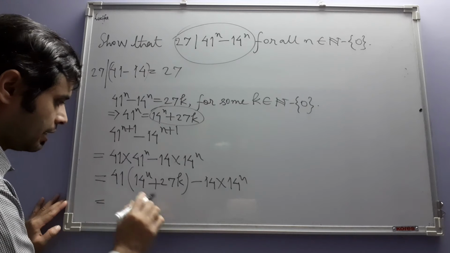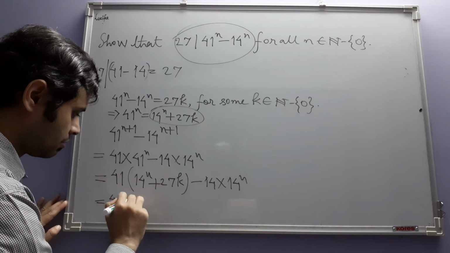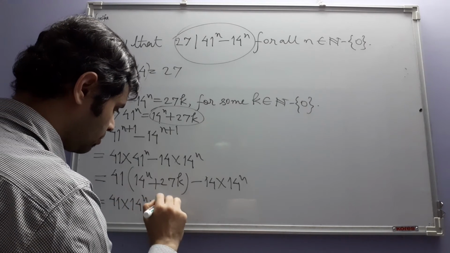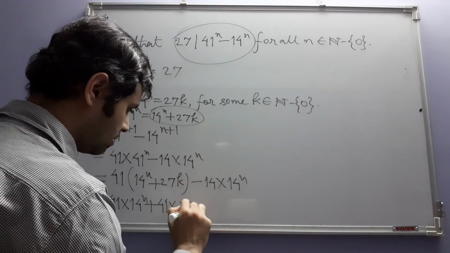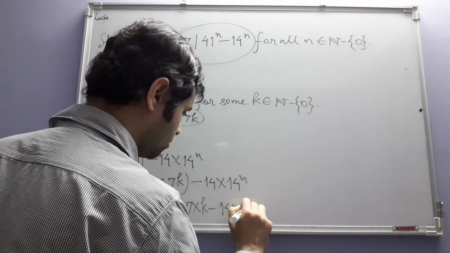So this gives us 41 times 14 to the power n plus 41 times 27 times k minus 14 times 14 to the power n.